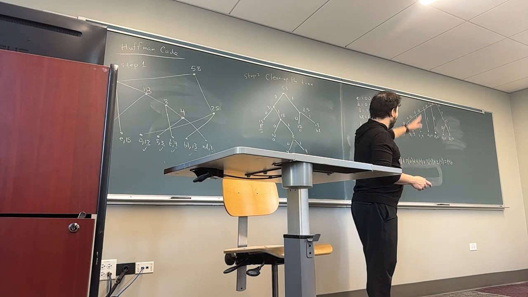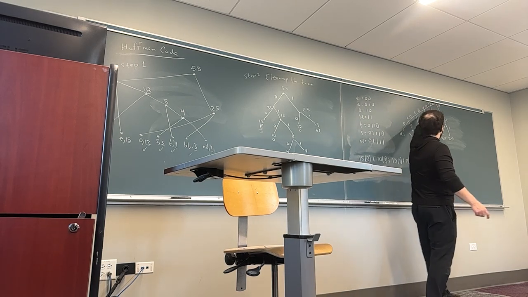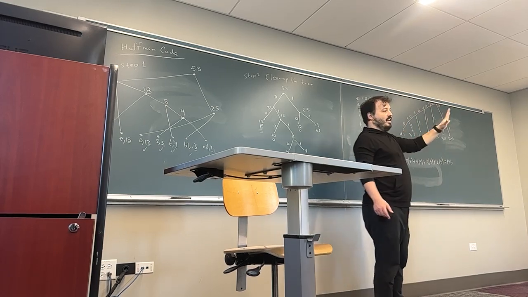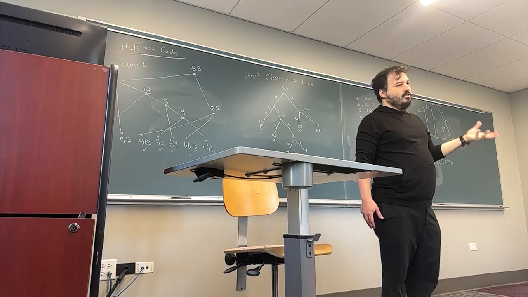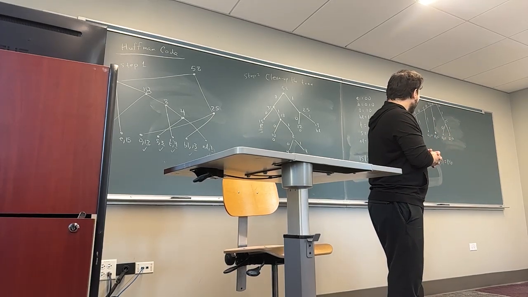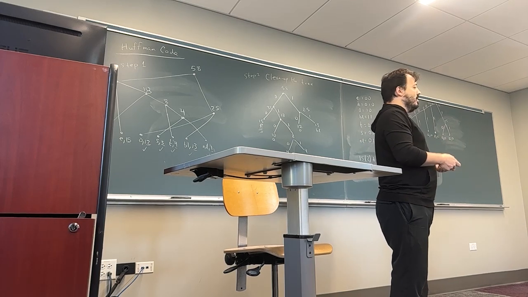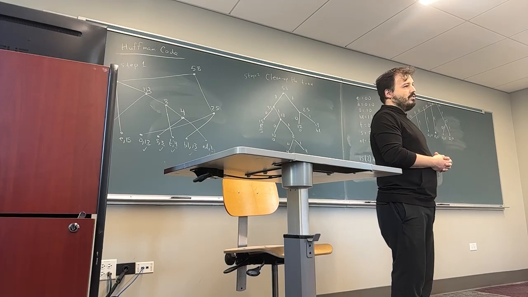And if you need a bunch of nodes to get to something, like to ML, you have to go 5 edges, then you will need 5 bits. So you choose to label things so that the things that appear the most will use the least number of characters.